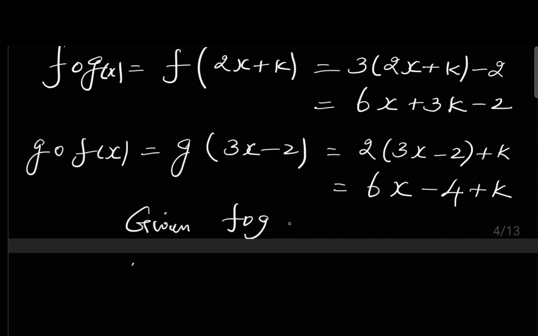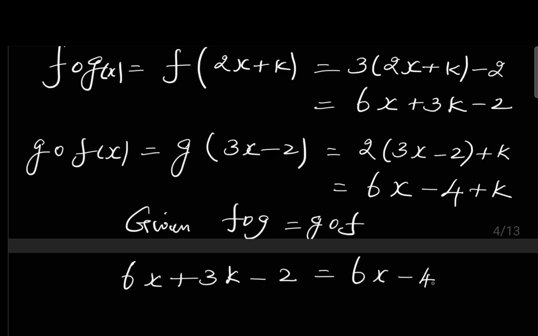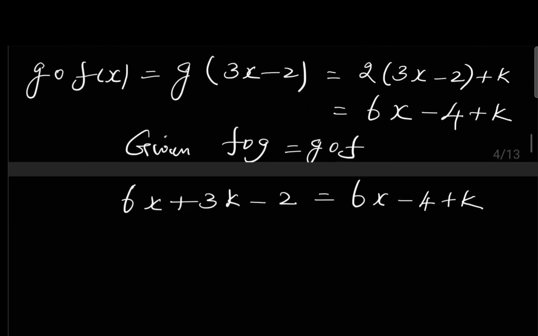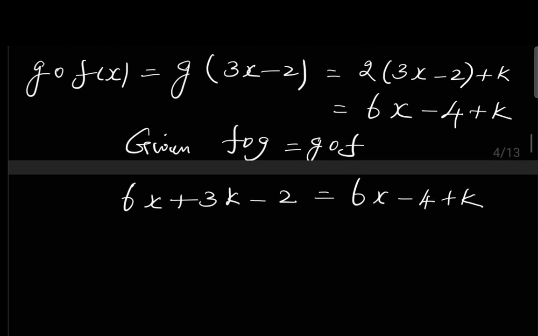Given f dot g is equal to g dot f. So equate both the right side terms. 6x plus 3k minus 2 is equal to 6x minus 4 plus k. So you collect the x term and then this 3k. This 6x from the right side you bring to the left side, minus 6x; k plus k becomes minus k.